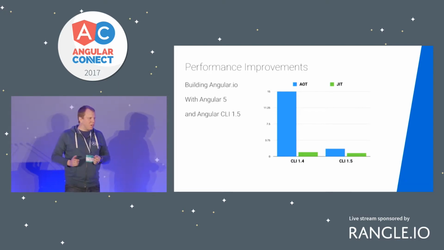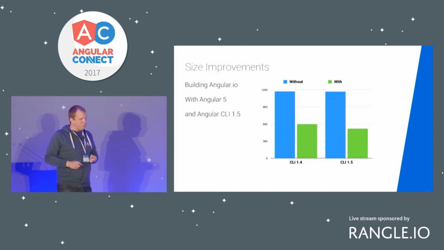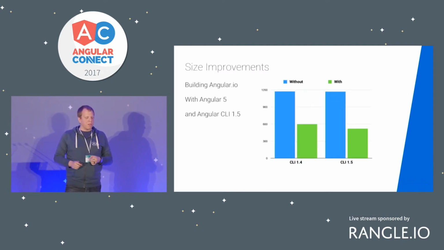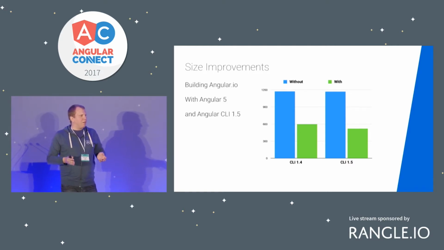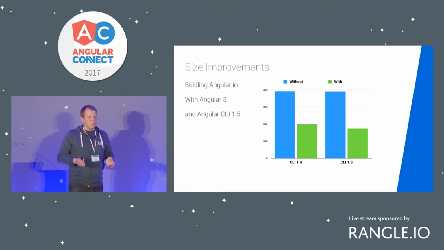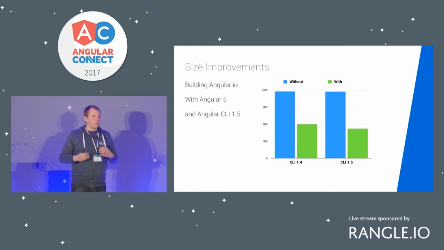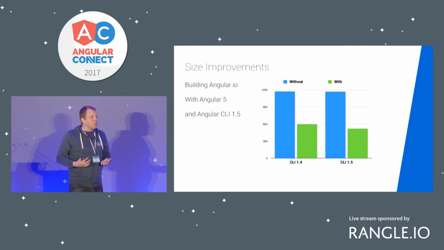And we also improved on size using the build optimizer for Angular IO. In 1.2, we did not even have the build optimizer. We introduced it in 1.3, and the numbers in 1.4 were incredible already. We reduced about 45% of your app. Then in 1.5, we went even further and removed even more code.